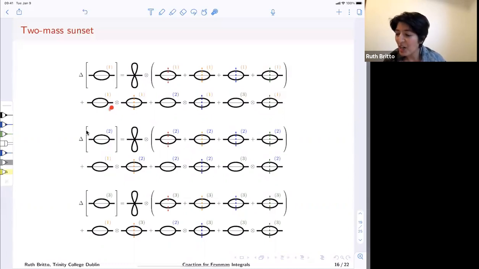All these ones in the top topology come out with just one term with their dual cut. But in the lower topologies, you have linear combinations of all the cuts appearing. This corresponds to the same line as what we saw at one loop.